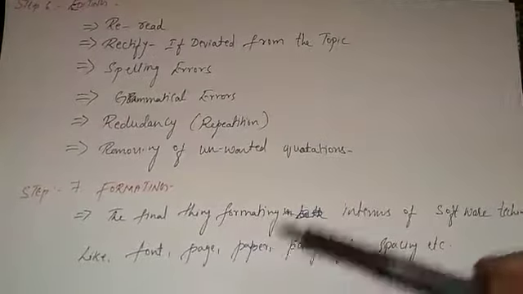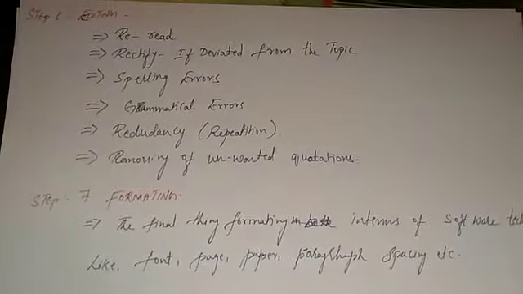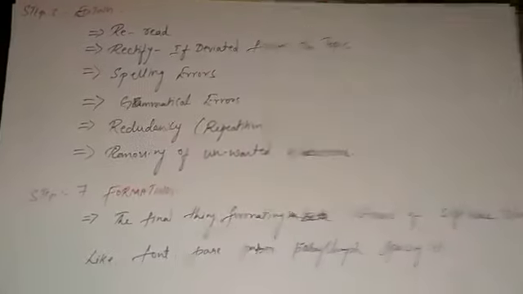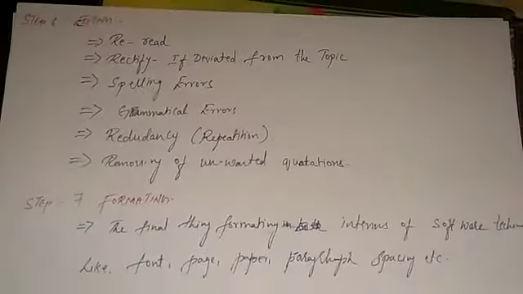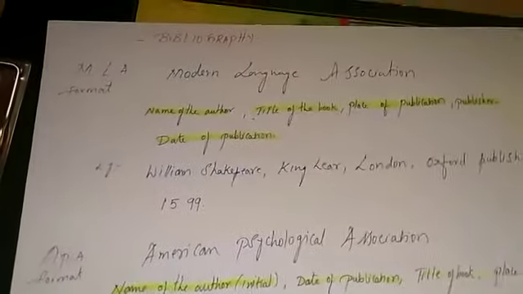That is not as important. Step 1, step 2, step 3, step 4, step 5, step 6 are very, very important. As I told you in finding resources, step 2, the bibliography is very, very important.